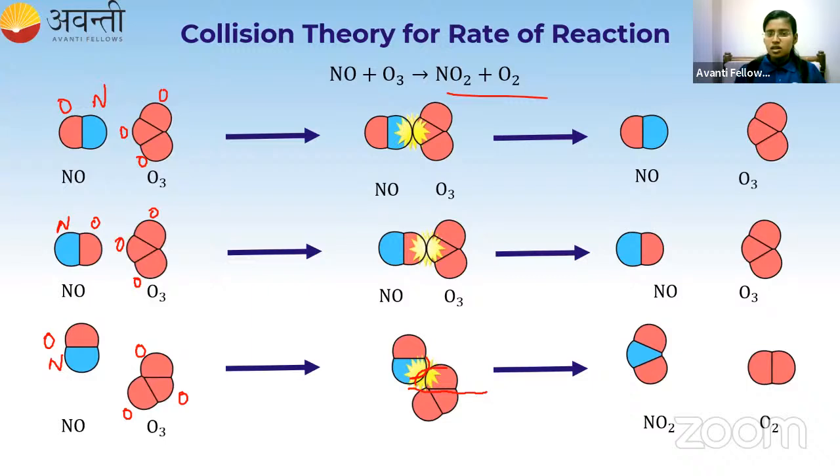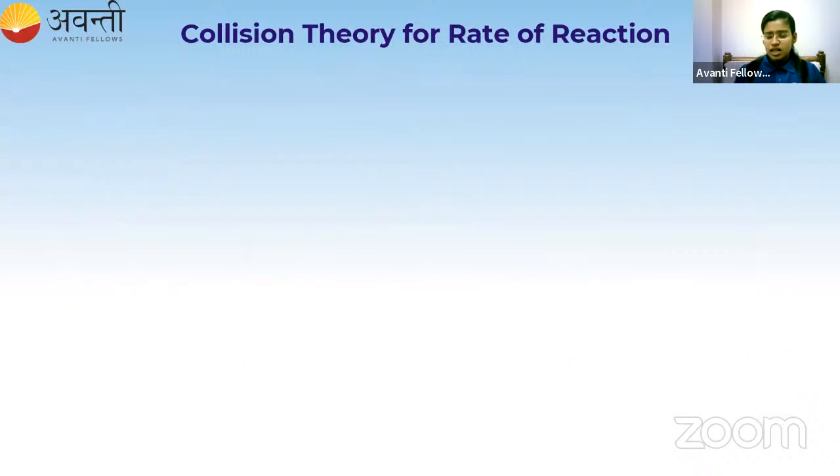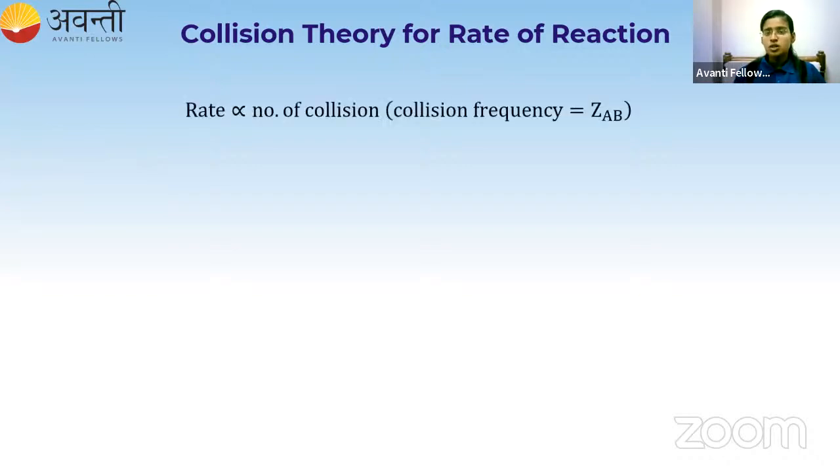Okay. Now we will study the relation between rate and collision. Rate is directly proportional to the number of collisions, or collision frequency. Collision frequency is taken as ZAB.